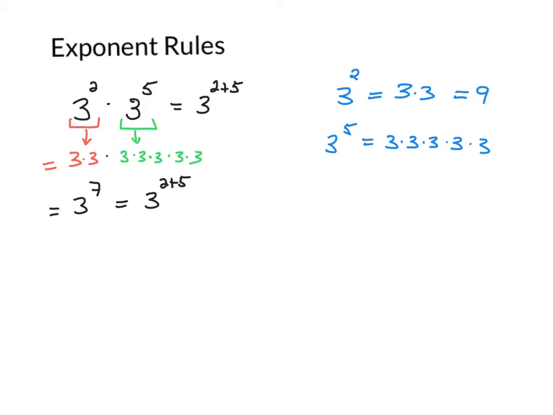And so in general, this gives us our first exponent rule, which says if I have numbers that I'm multiplying together that are raised to some exponents, right? So if I have some real number a to the m power and some real number a to the n power, when I multiply them together like this, the result becomes a to the m plus n. Okay, and so this is our first exponent rule.